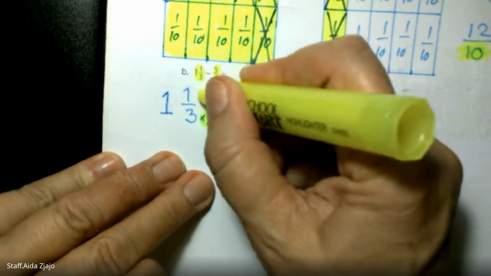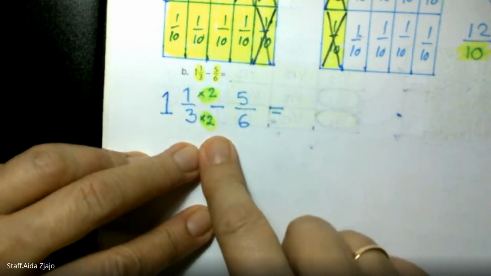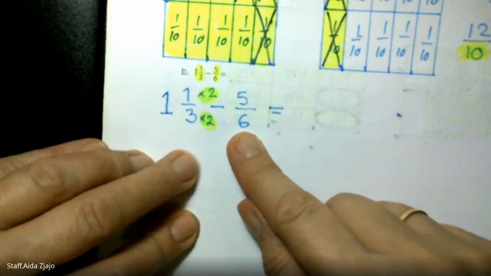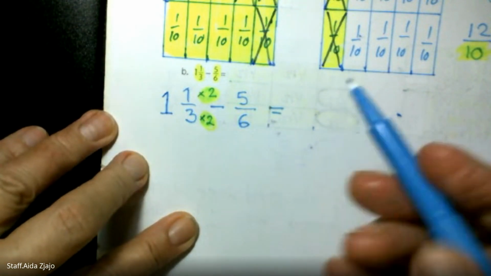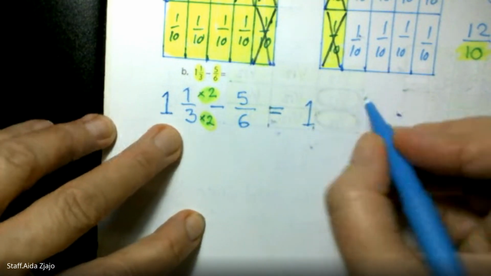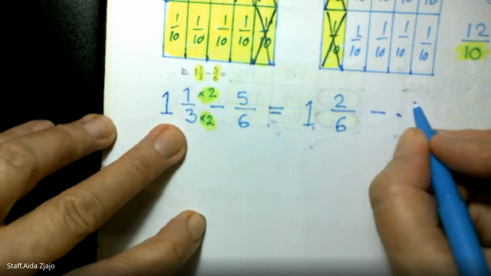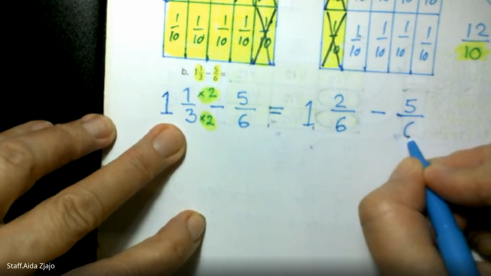That tells me that if I have thirds, I can cut them into 2 pieces and I will have sixths. So now my problem changes into 1 whole and 2/6, give away 5/6.